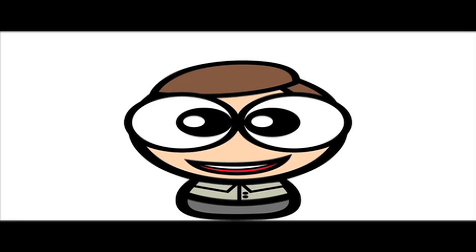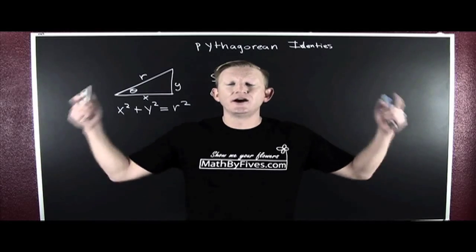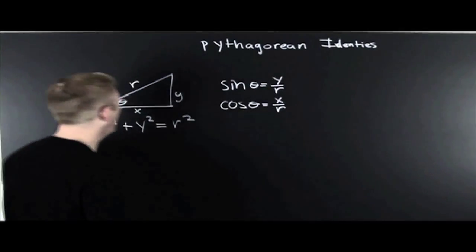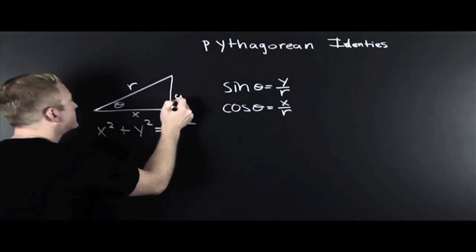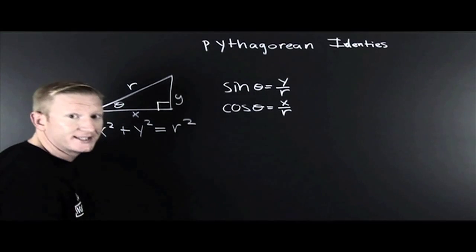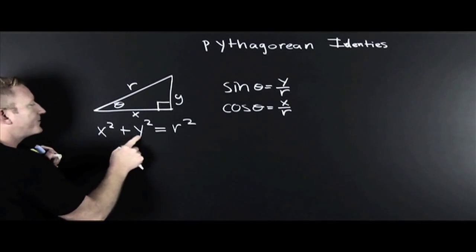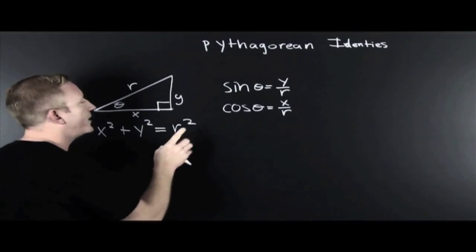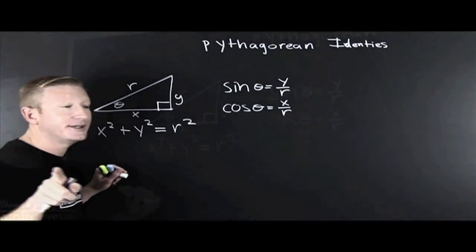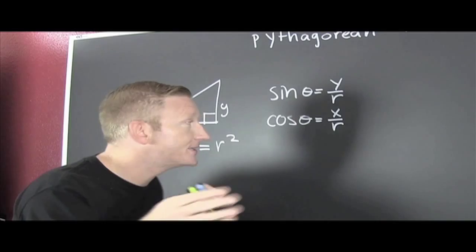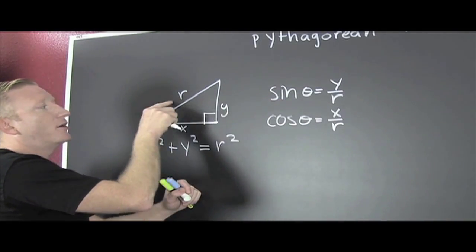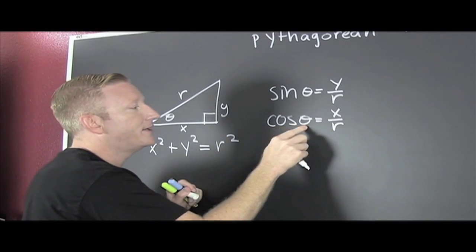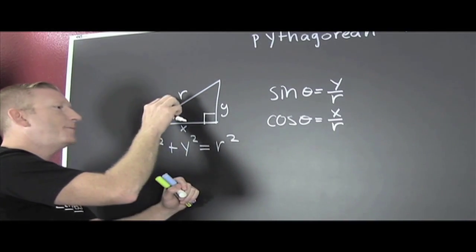Let's go to work. Let me show you where the Pythagorean identities came from. We're gonna need a couple of things. We have our right triangle, right? And long well established 2,000 years ago, x squared plus y squared is r squared. We need the sine of theta, which is the opposite over the hypotenuse, and the cosine of theta, which is the adjacent over the hypotenuse.